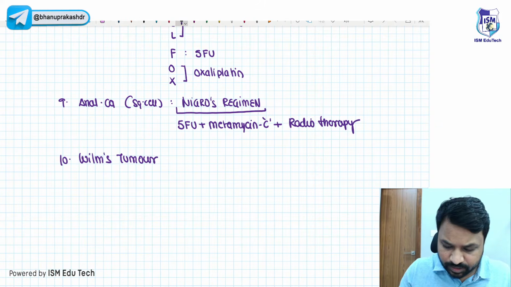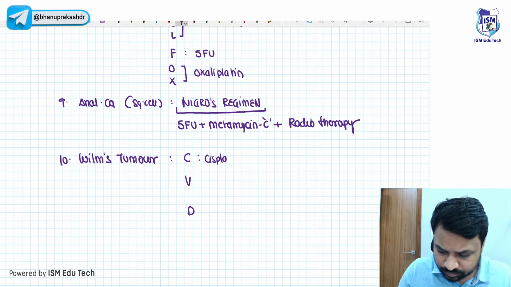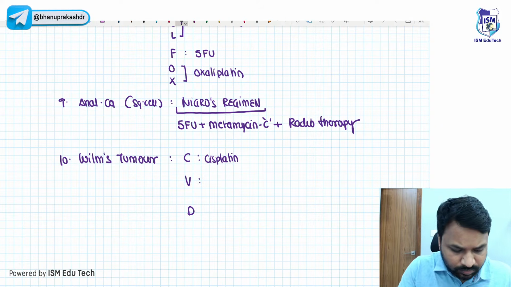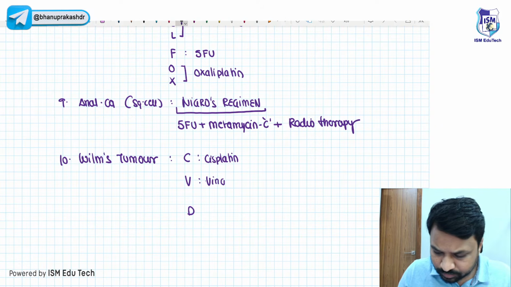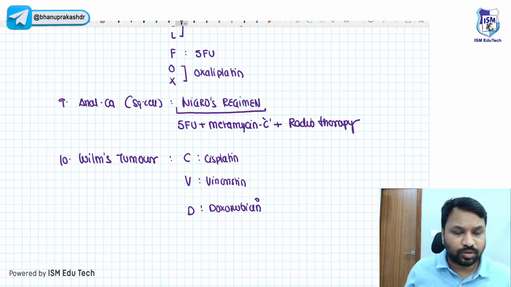Now with the Wilms tumor, it is CVD. That is cisplatin, you have vincristine and doxorubicin.